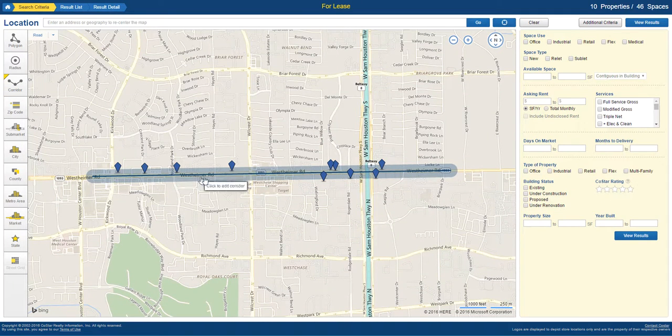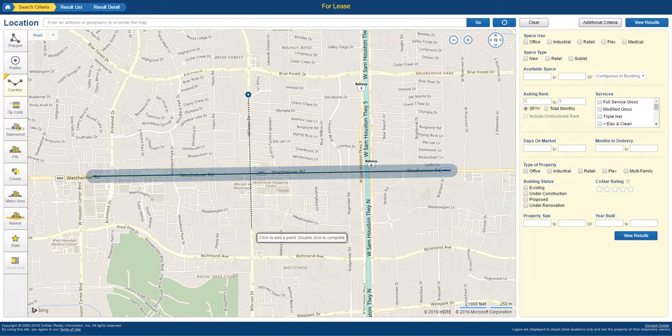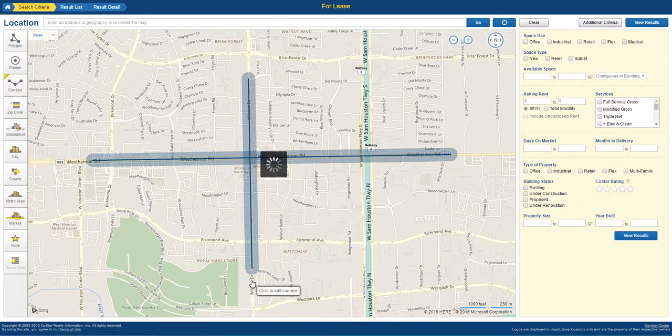Okay, and that's going to show me everything that's on Westheimer. So I'm going to continue, and let's say that my client will be okay with being on Willcrest as well, because that's also a heavily trafficked street, passing through Richmond. Other good strong retail. Okay, so we got about 21 properties here.